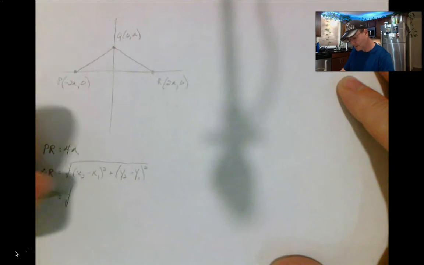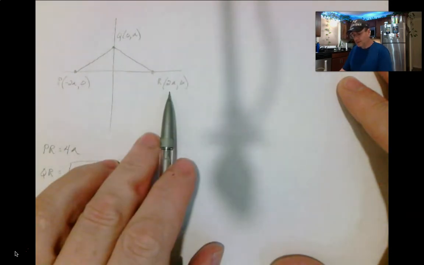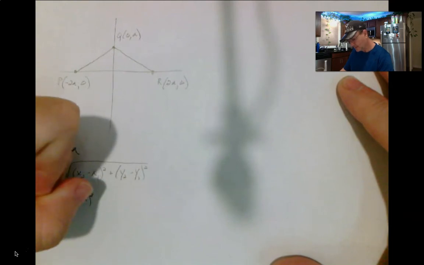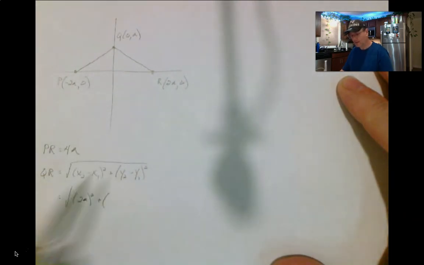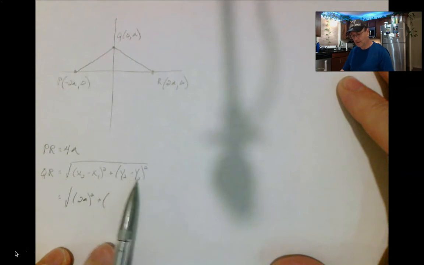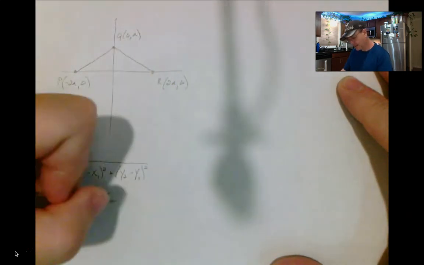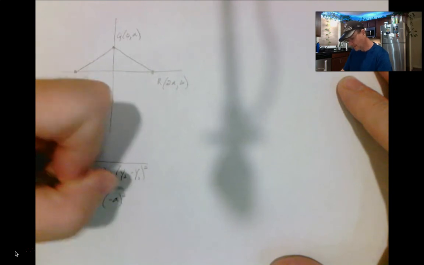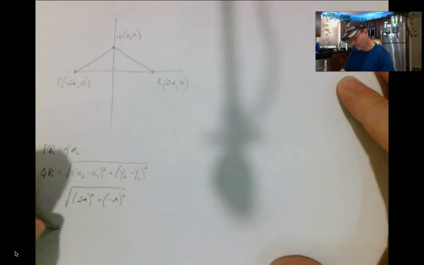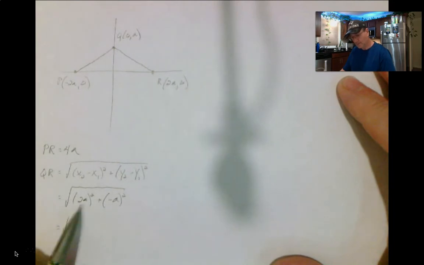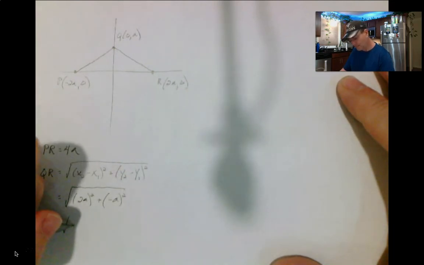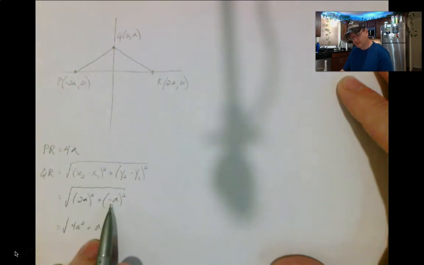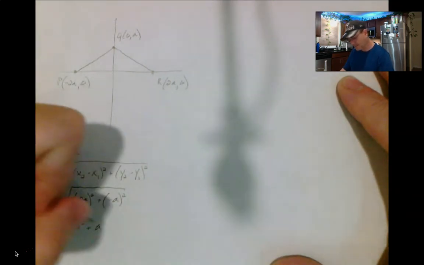QR. So x2, 2a minus 0, or just 2a squared, plus y2 minus y1, 0 minus a, or negative a squared. Square root is 4a squared plus a squared, and yes, it's plus a squared because that becomes positive.